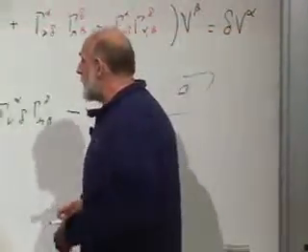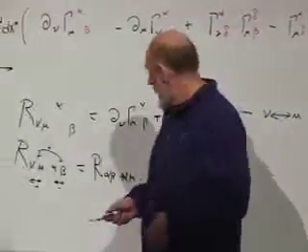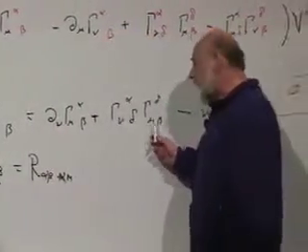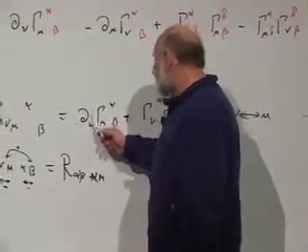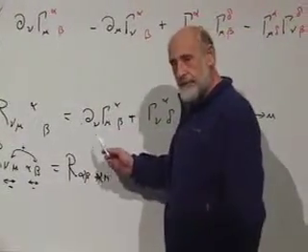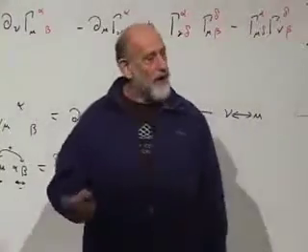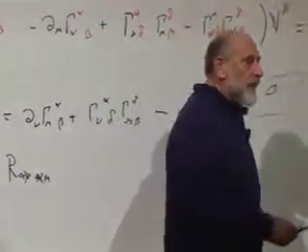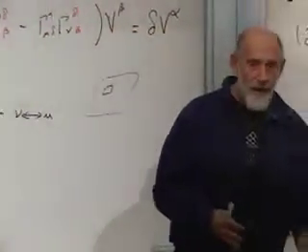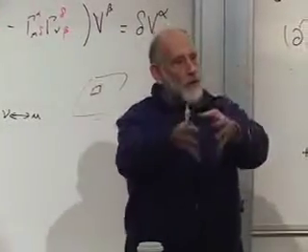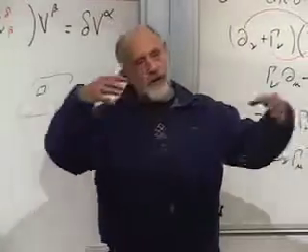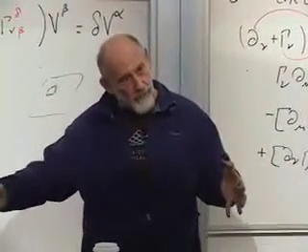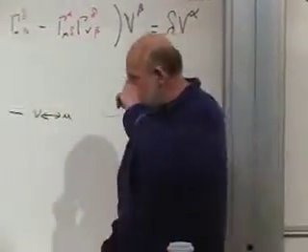So the r's contain two kinds of terms, one of them being quadratic in first derivatives, and the other kind being second derivatives of g. They always contain two derivatives. Sometimes the two derivatives act on one g, giving you second derivatives. Sometimes it'll be a product of a derivative of g times another derivative of g. And that's the character of the Riemann tensor.